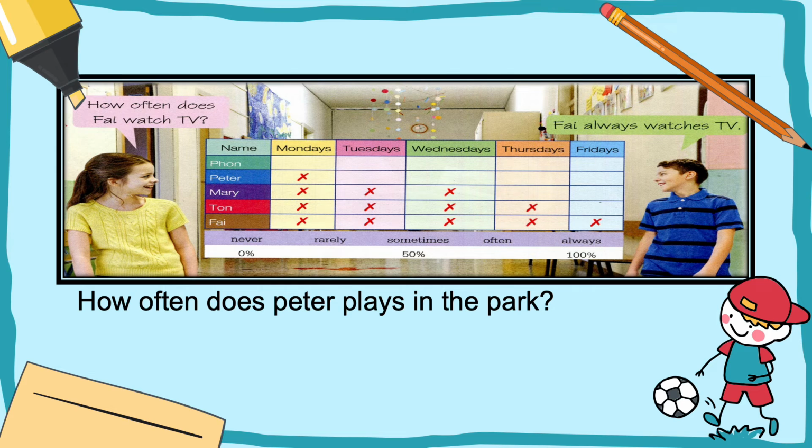How often does Peter play in the park? Where is Peter? Okay, Peter has only one mark, meaning Peter rarely plays in the park.